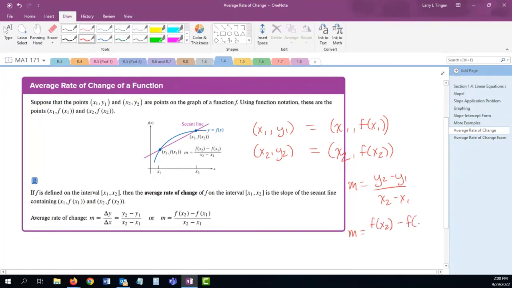Y sub 1 is whatever I got out when I plugged in x sub 1 to f. The denominator stays the same, it doesn't change. So it's the same exact equation, it's just got new names, right? Think of it as a nickname, or two things that you're both known by, right?